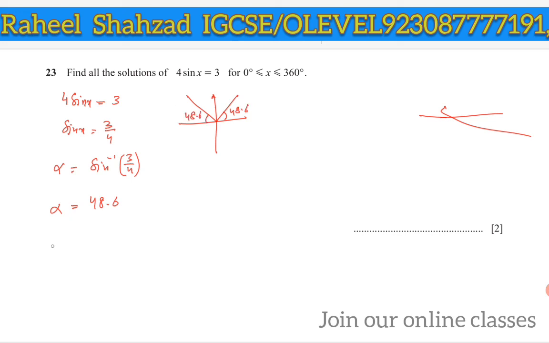In the second quadrant, theta is 48.6, and for the second quadrant we have to subtract it from 180. 180 minus 48.6 is going to be 131.4. So 48.6 and 131.4.